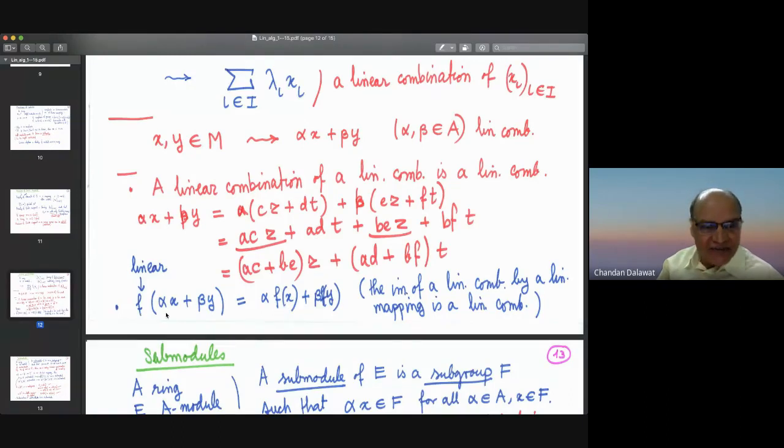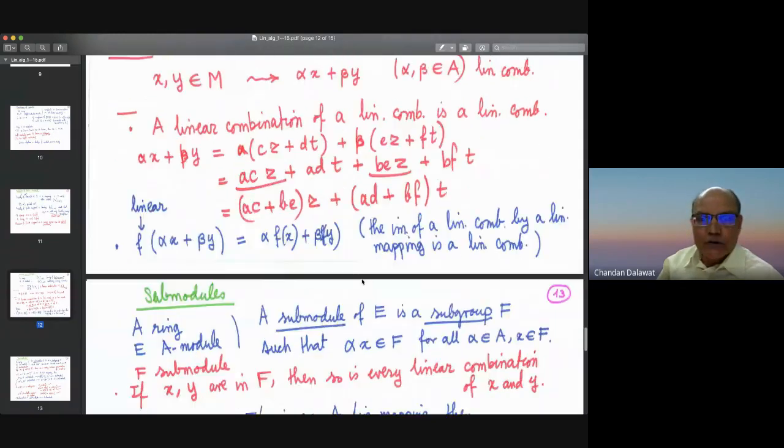So f of alpha x plus beta y is alpha times f of x plus beta times f of y. Or the image of a linear combination by a linear mapping is a linear combination of the images of the things of which this thing was a linear combination.